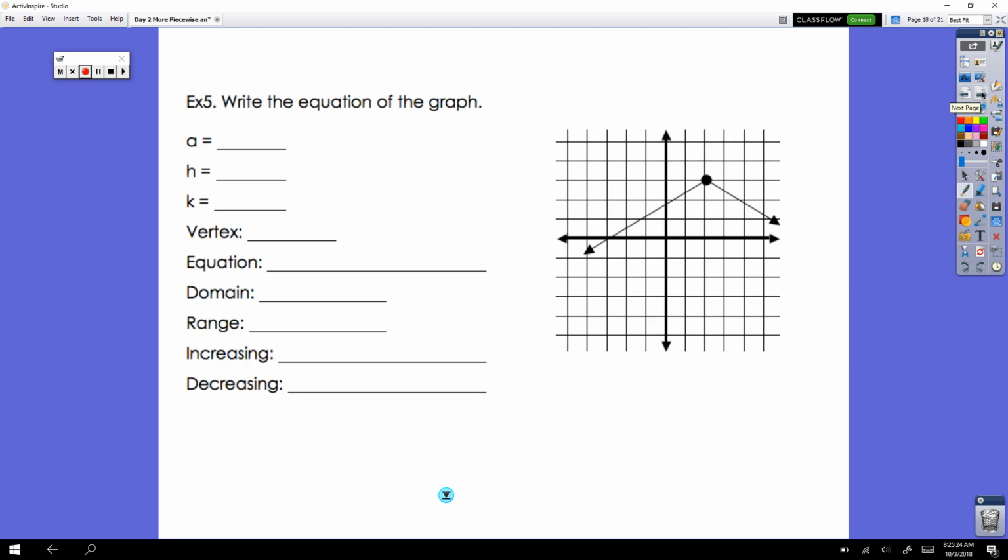Write the equation of the graph. So we can see here that we have a vertex of 2, 3. So it moved to the right 2, and it moved up 3. We can see that it has a slope. It crosses, looks like right here.